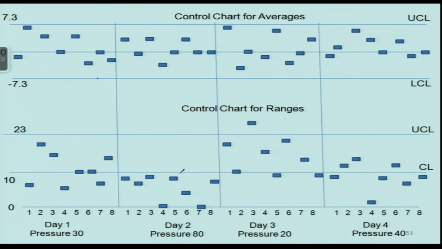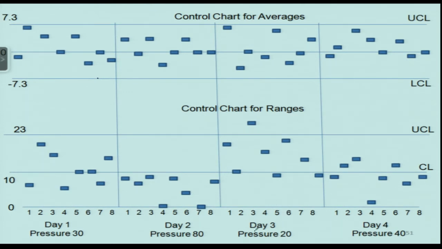However, when the pressure is increased to 80, what you start to see is that all 8 of these points fall below the center line of the R chart. Since this is done in 1 day, there are 8 data points, maybe once an hour if it's a single shift. So it obviously tells you that something has happened to the range of this particular dimension as a result of the pressure.